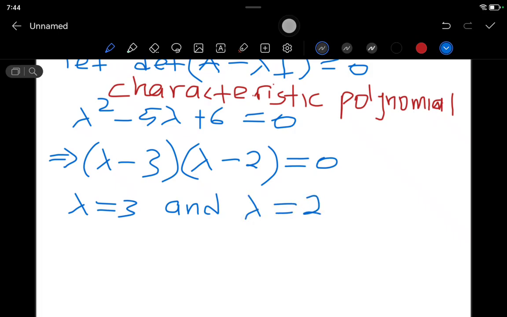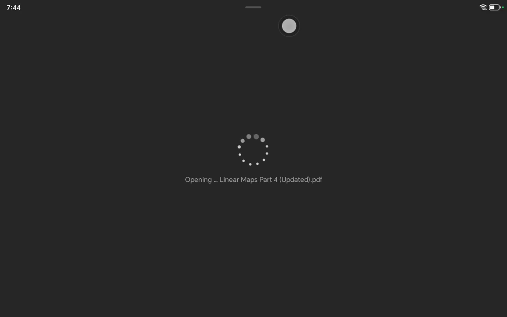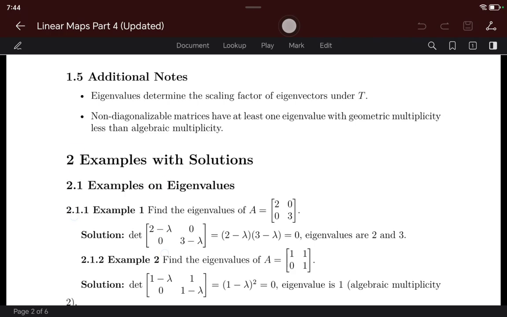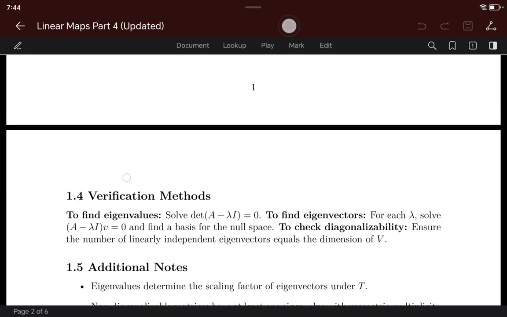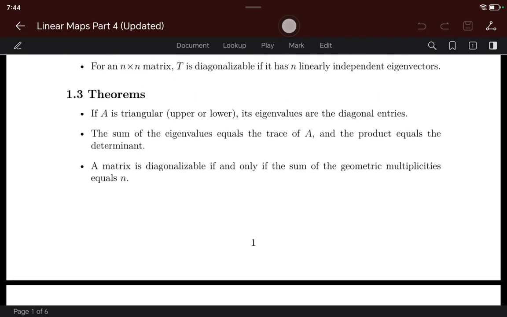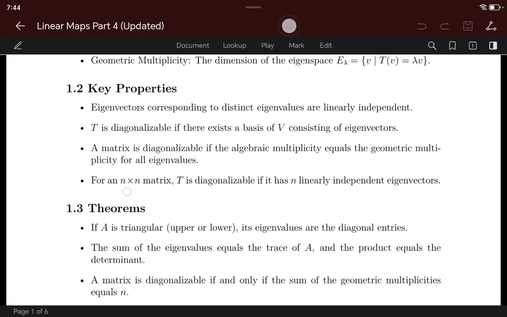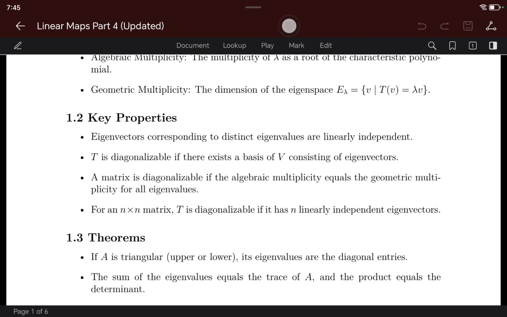Remember this condition that we had there. Does this other property, I think it was on the key properties. Let me see, I was talking about the diagonal.